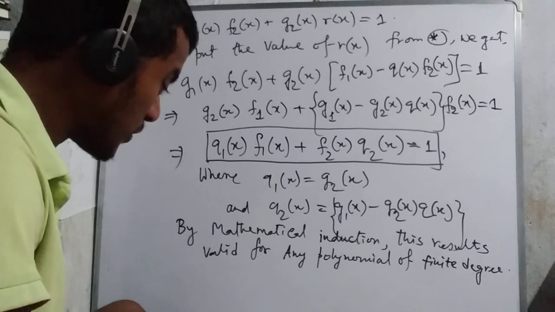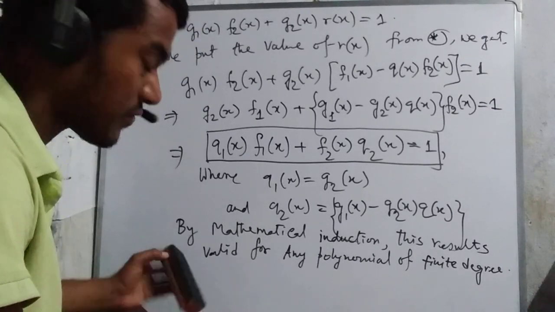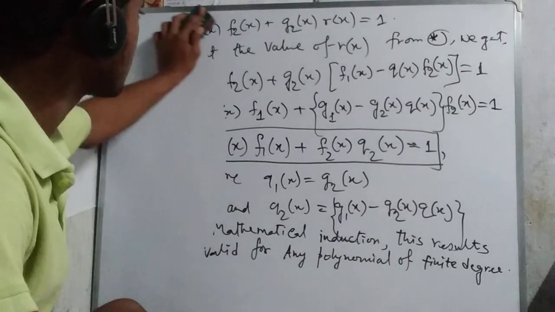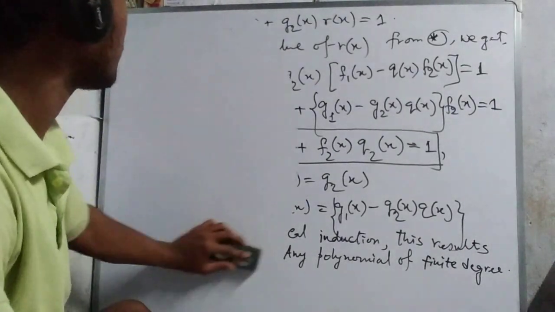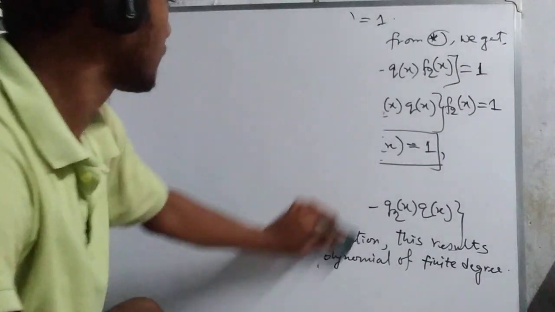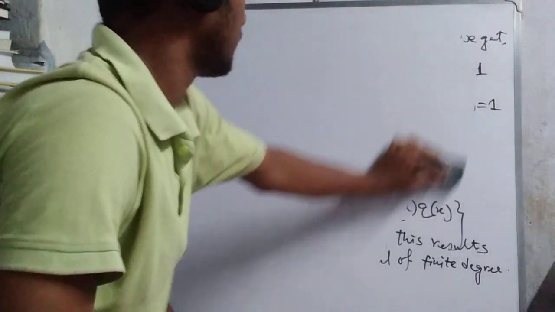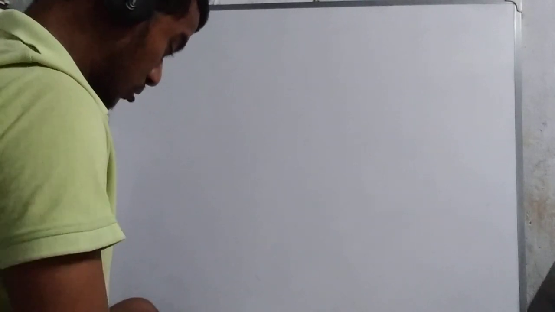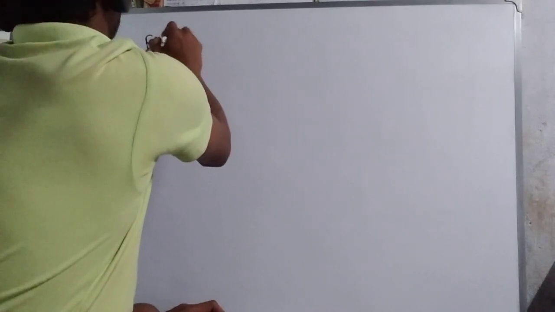We now go to further discussion of an example related to this important theorem. Understood or not? We write here, example.